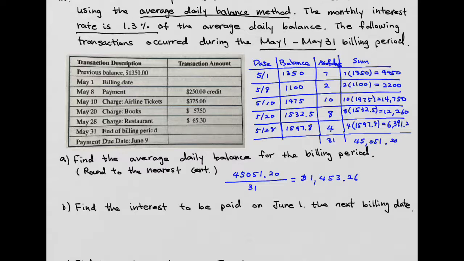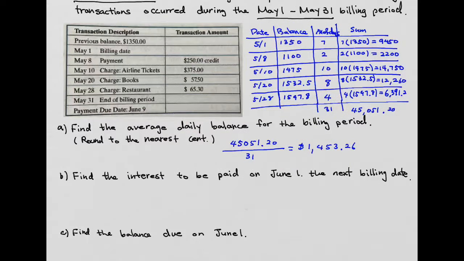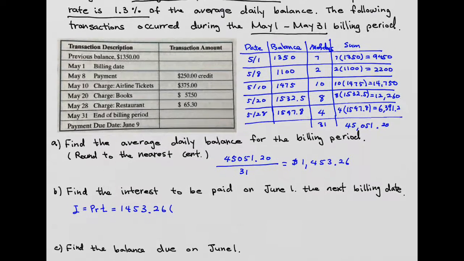And the second one is asking, find the interest to be paid on June 1st. We know that interest is equal to PRT. So the starting amount is going to be the average that we just found, times your interest. Remember, your interest right here was 1.3%.